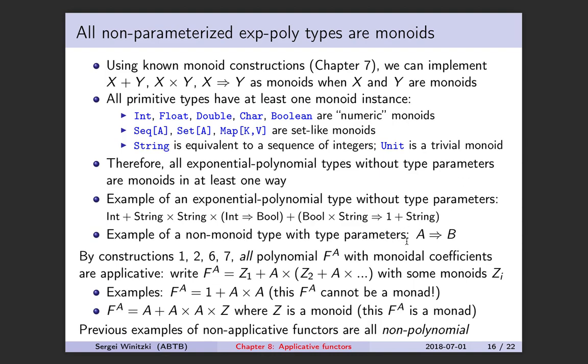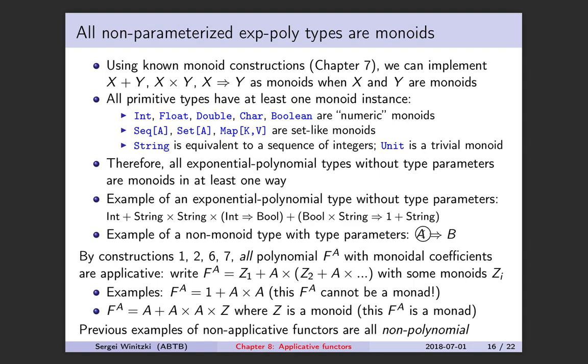And here's an example of a non-monoid type with type parameters. If this were A to A, that would be already a monoid. It's a function monoid with function composition. But here I cannot compose two functions of type A to B and get a third function, again, of type A to B. No way. I don't know how to combine A's. I don't know how to combine B's. They're unknown types.